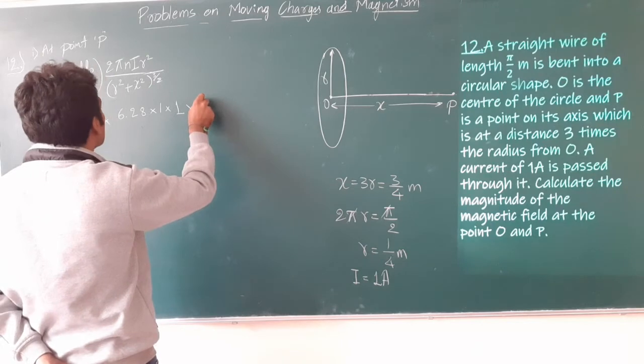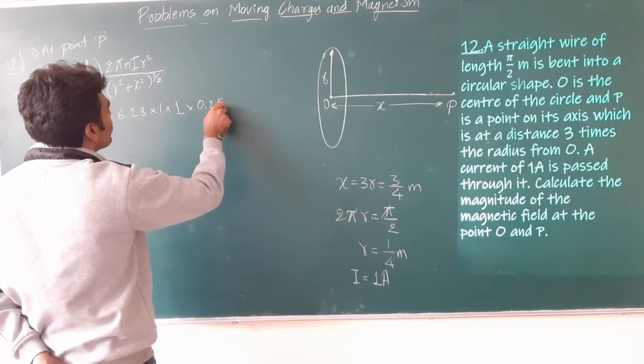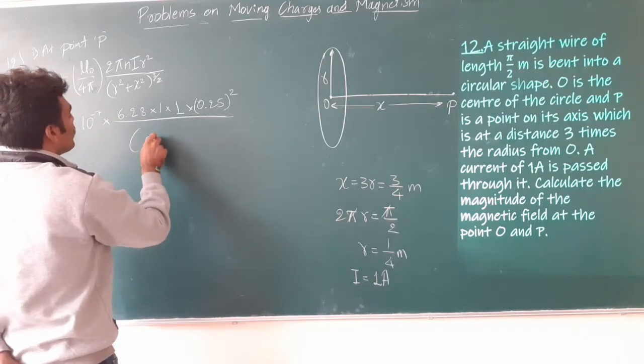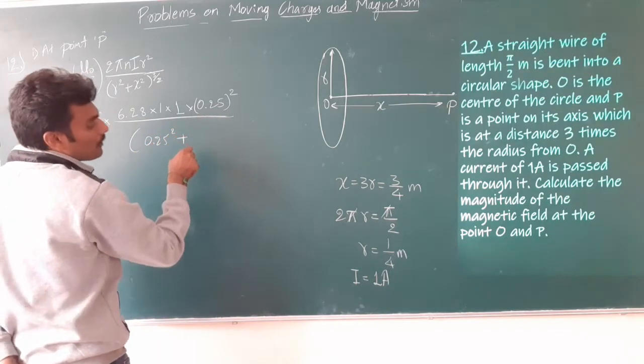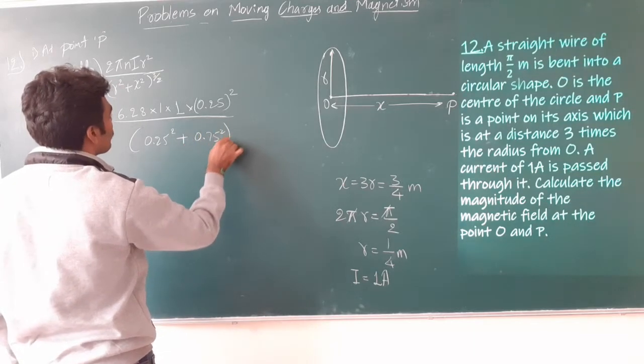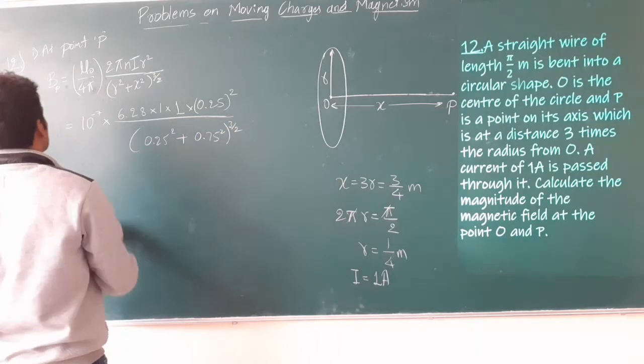R is 1 by 4, which is 0.25 squared, divided by 0.25 squared plus x which is 3 by 4, which is 0.75 squared, whole to the power of 3 by 2.